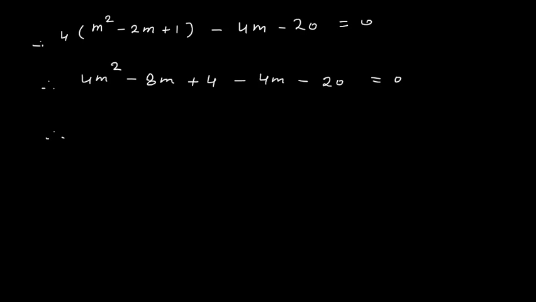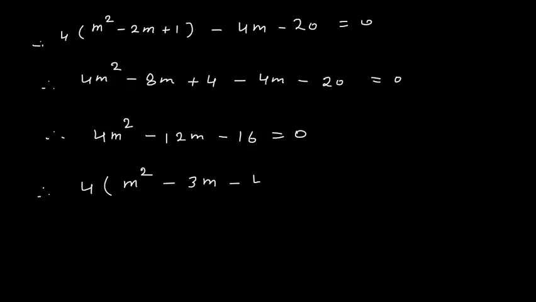So therefore, now for m square we have 4m square minus 12m minus 16 is equals to 0. So therefore, we can take 4 common and now here we have m square minus 3m minus 4 is equals to 0. So therefore, this will give me m square minus 3m minus 4 is 0.